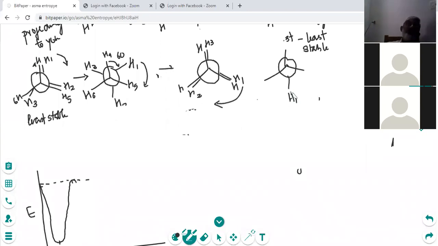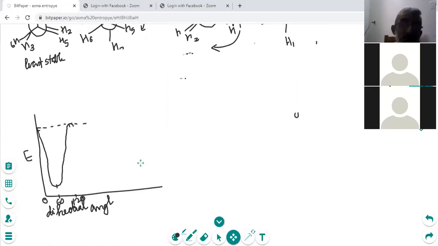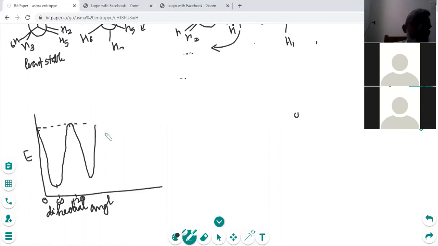H1. So if you continue this rotation up to 360 and mark all the energy levels of this molecule, you can see a graph like this. So this is 120, this is 180.